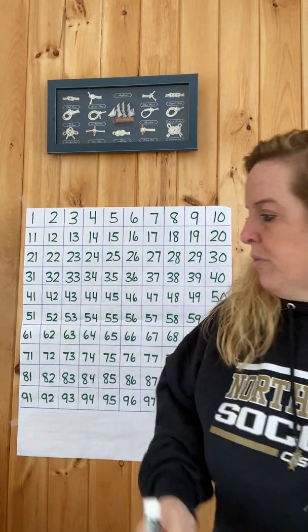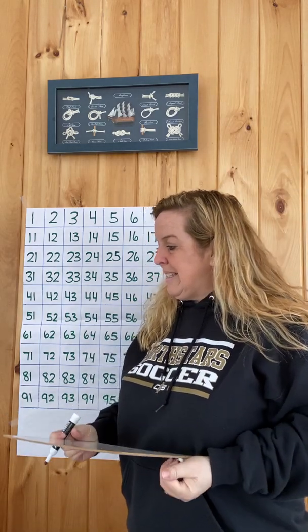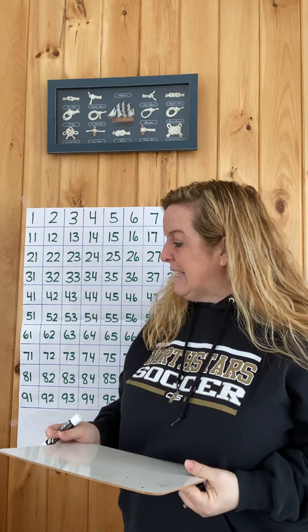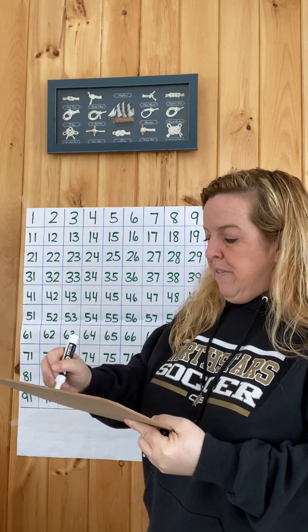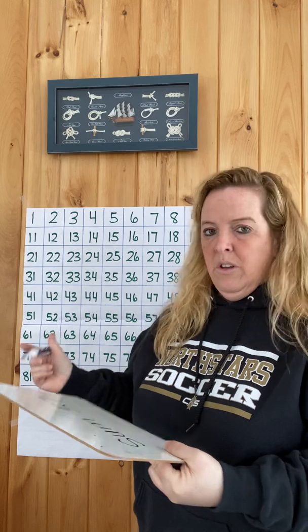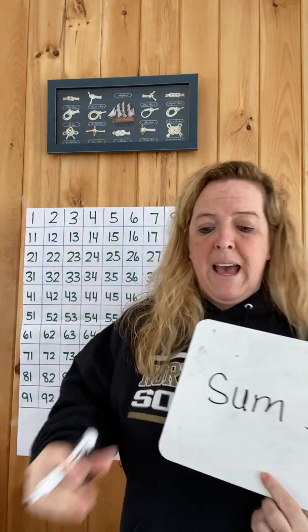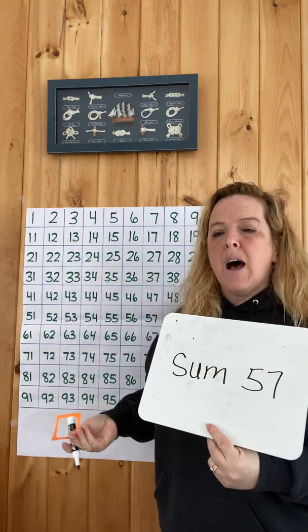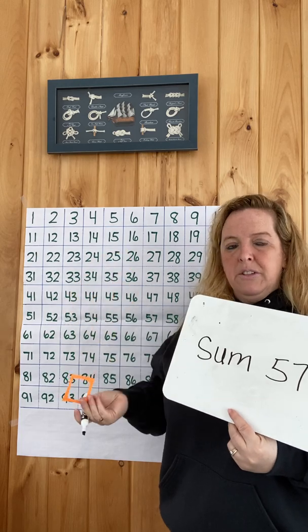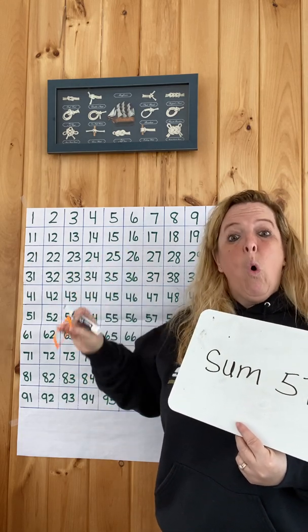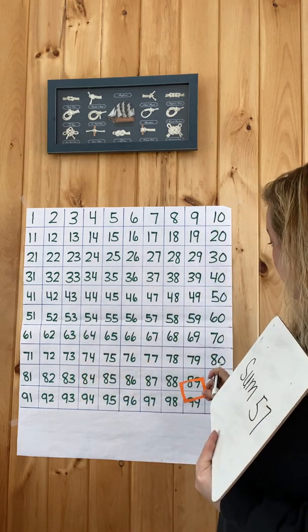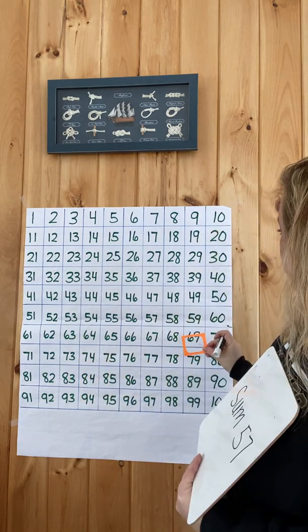So, our open-ended says, Mrs. Seitchen adds tens to a number to get a sum of 57. Ooh, so we got a terminology here. We know that sum is the answer to an addition problem. So that's our whole. Our whole is going to be 57.